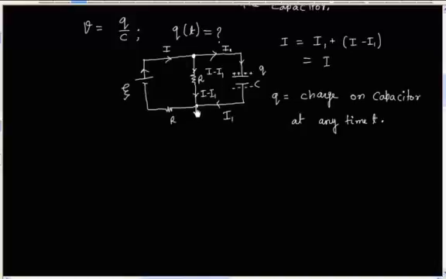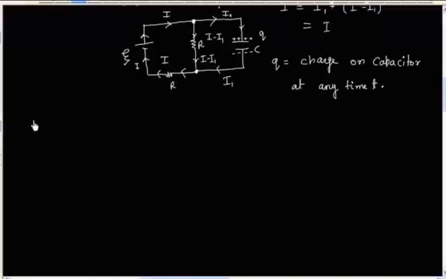When these two currents reach here, they combine and finally we have a current of I. So the battery gets a current of I. That is, the battery remains neutral. The current given by the battery is the same as the current taken by the battery. So the battery remains neutral.